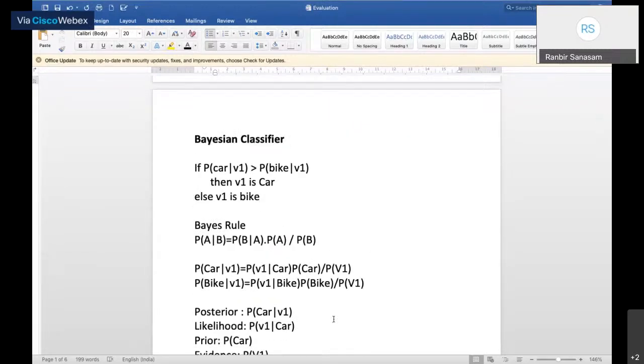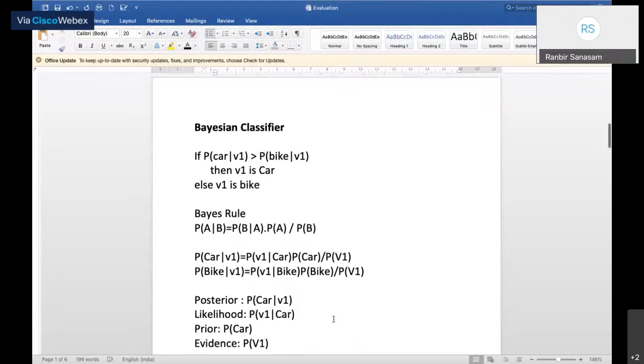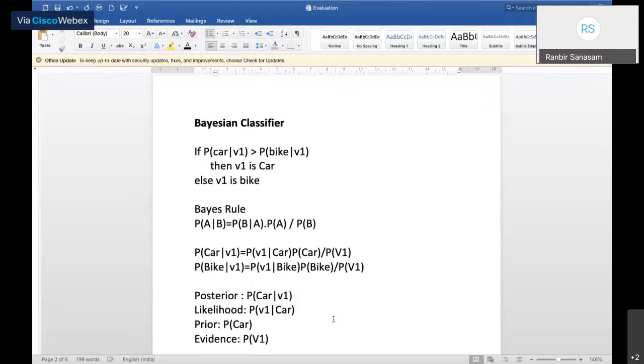The Bayesian classifier is sometimes also known as the discriminant-based classifier. It works on a very simple idea. Taking the vehicle example, given a vehicle, what is the class label?